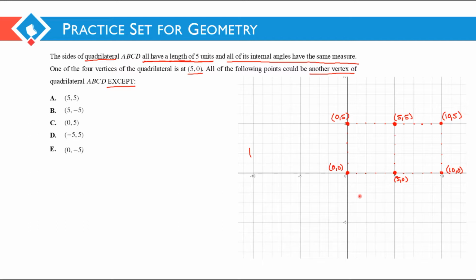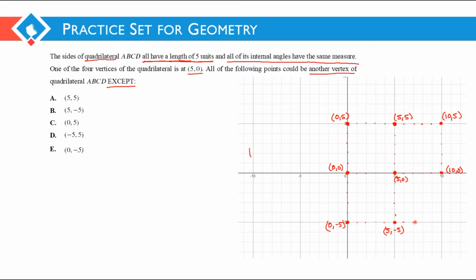It could also be this one right over here. It could also be the top right vertex. So it could be 1, 2, 3, 4, 5. I'm going to speed this up a little bit, and this gives us (0, -5). And we come back across this way. It could be this one. Let's go ahead and make sure we draw it properly. This is going to be (5, -5).